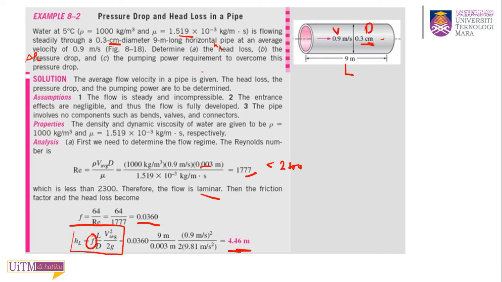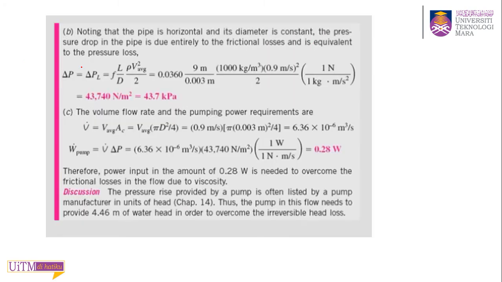Now they ask you to find the pressure drop. Next slide. The pressure drop is equal to this equation: f L over D times rho V squared over 2, and you can plug in everything and you will get the answer. Or what is a much simpler way to get the delta P if you don't want to use this equation?